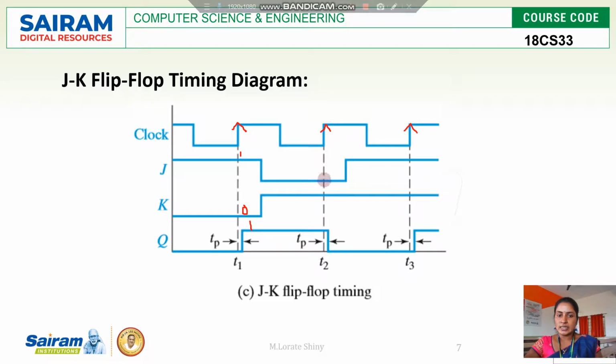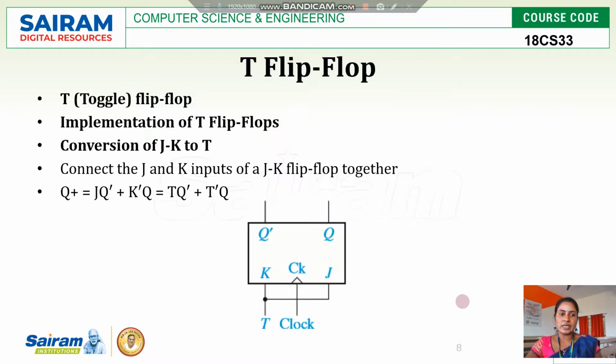Then at the second rising edge, your J is 0, K is 1. Whenever K is 1, your Q will be 0. Then at the third point, J is 1, K is also 1. Whenever both the inputs are 1, your Q will toggle from the previous state. Previous state was 0, so the current state is 1 now. Okay. This is the timing diagram of the JK flip-flop.